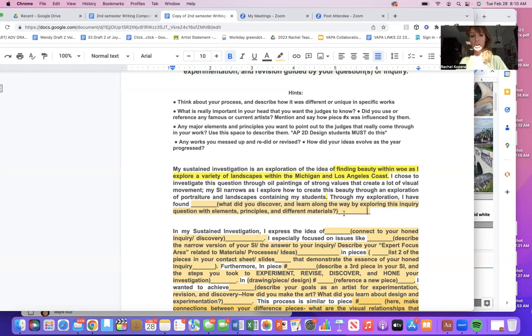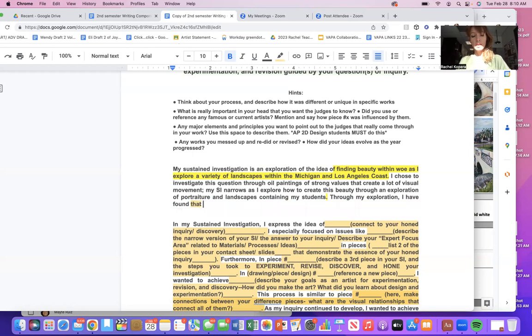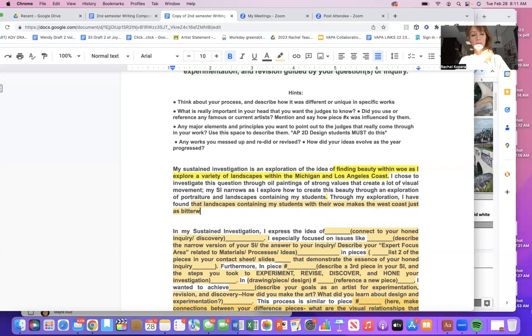So through my exploration, I have found, really talk about what you discovered, that landscapes containing my students with their woe makes the West Coast just as bittersweet as the lakes within Michigan. So my sustained investigation is exploring the idea of finding beauty within woe. Okay, I chose to investigate.